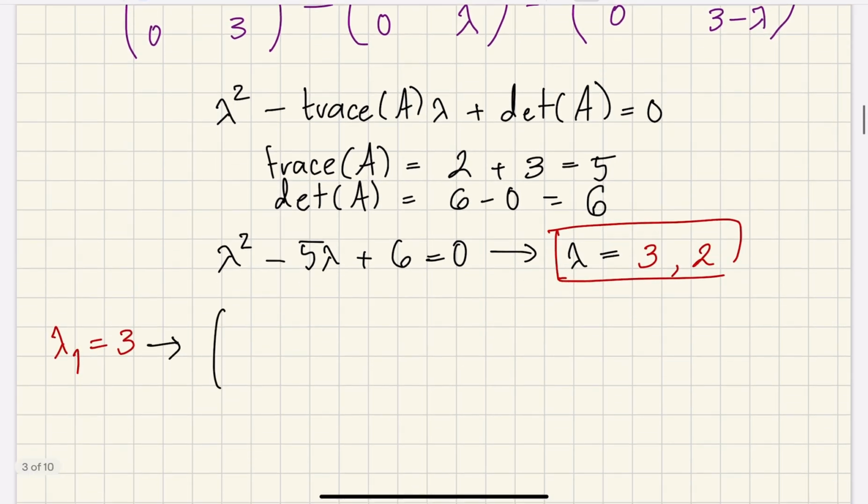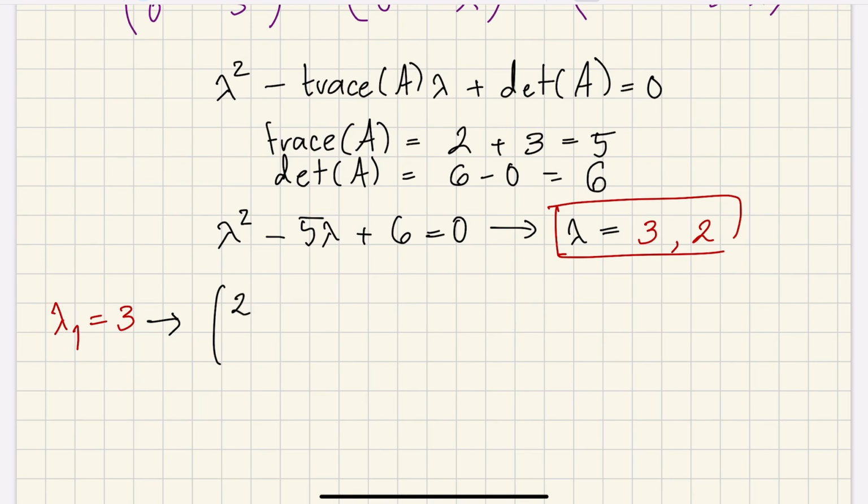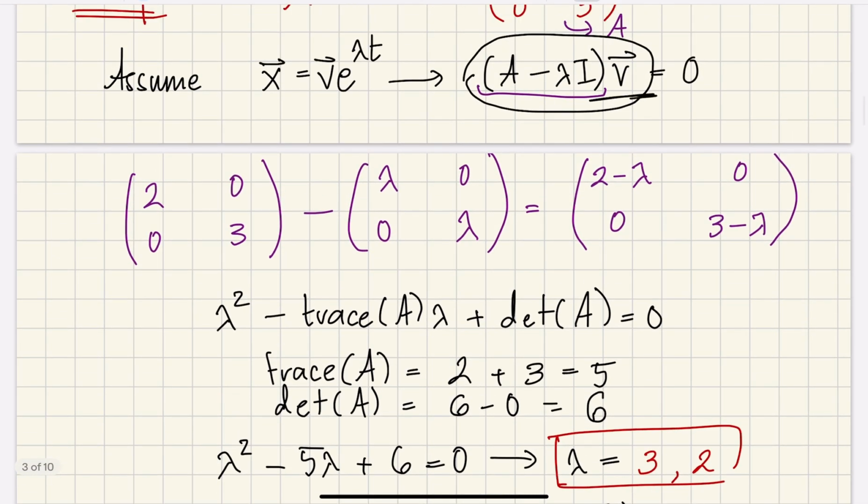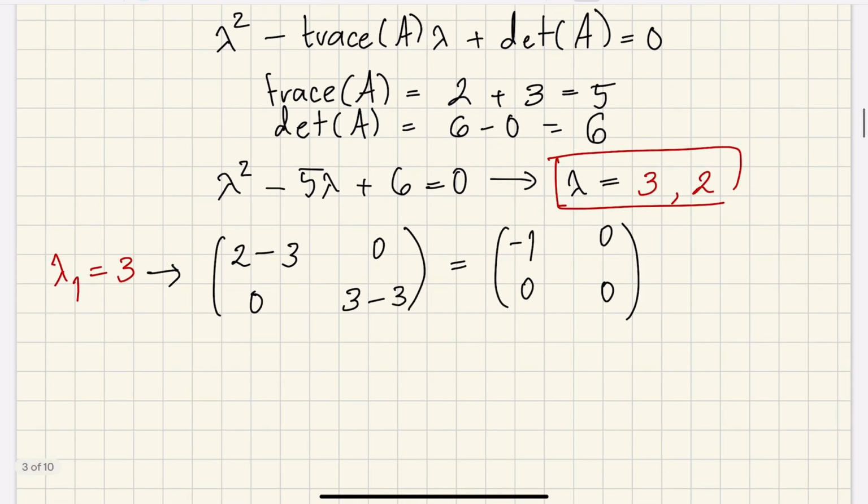So I have [2 minus 3, 0; 0, 3 minus 3], which is [minus 1, 0; 0, 0]. And they are all multiplied by the eigenvector v, and this is equal to 0.